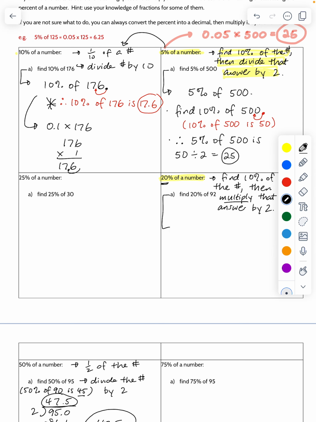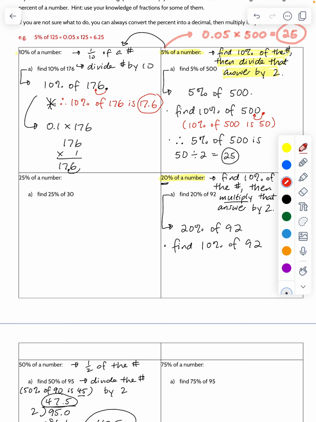So if we apply it to the example here, we're finding 20% of 92. We follow a similar step as above. All you're doing is finding 10% of 92.